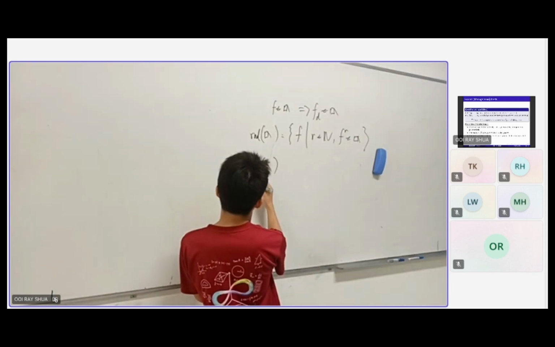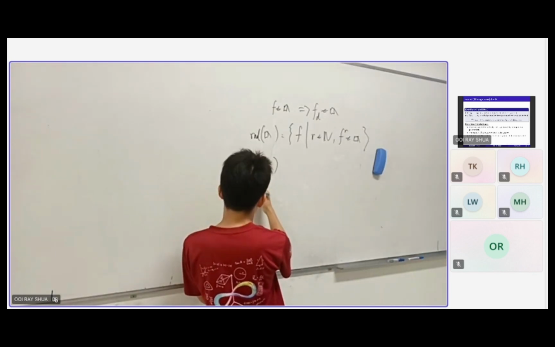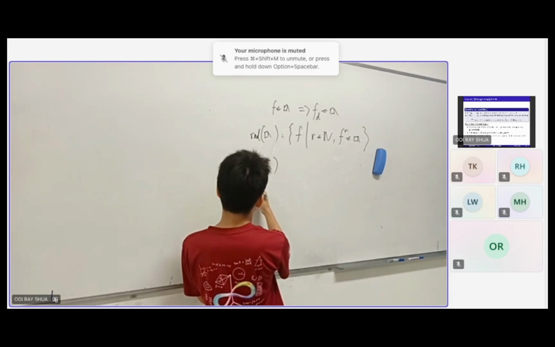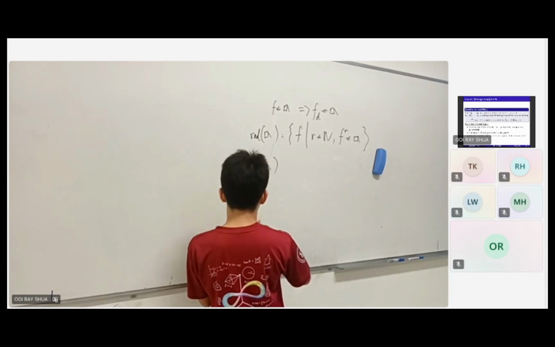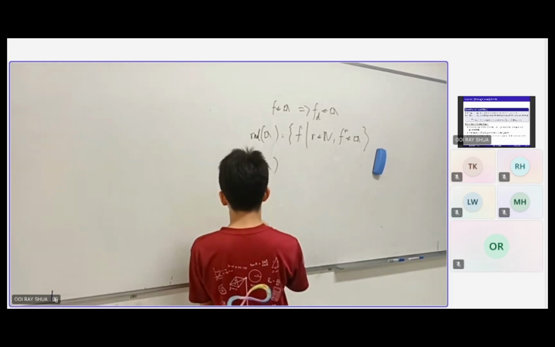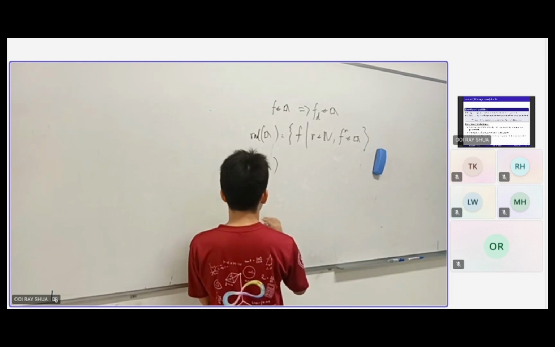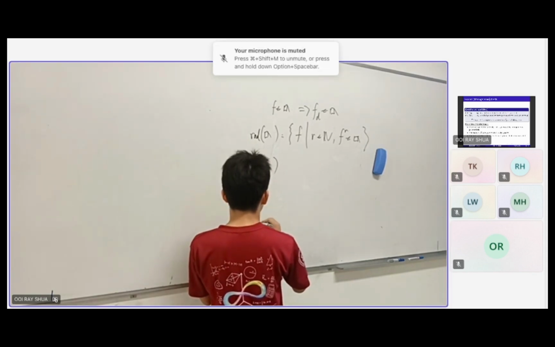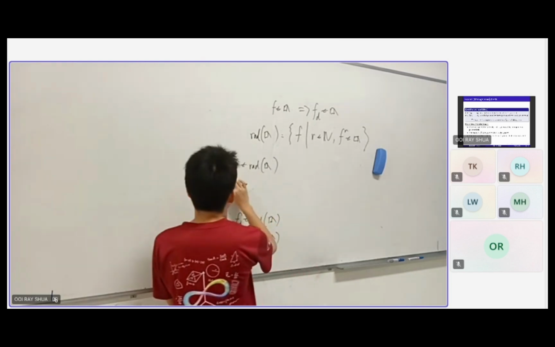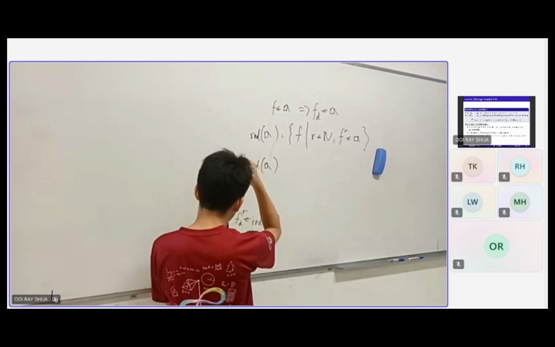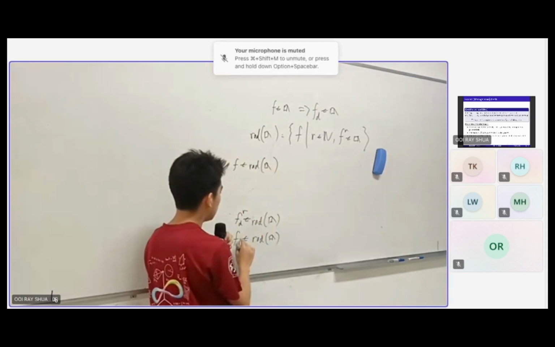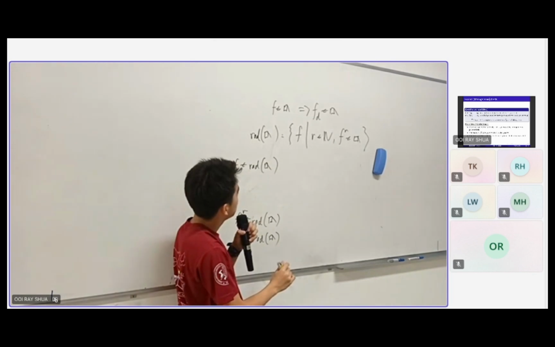And then f^r is in A, and f^d is also in A. So you want f in the radical of A, right?